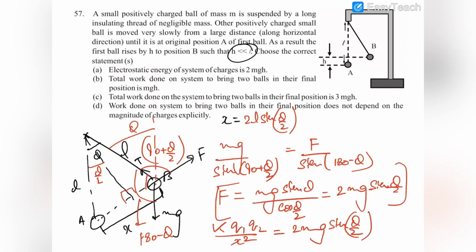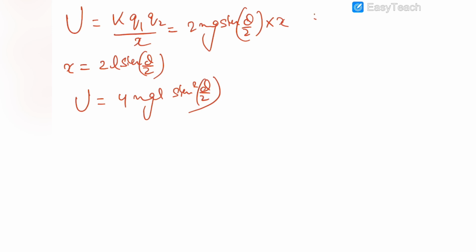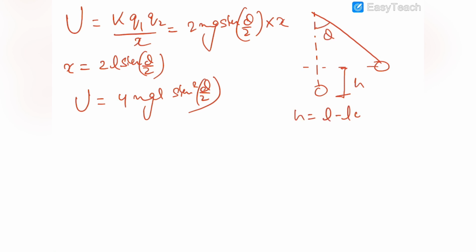Now let us draw the diagram again. In this diagram, this is h, and h is equal to L minus L cos theta.